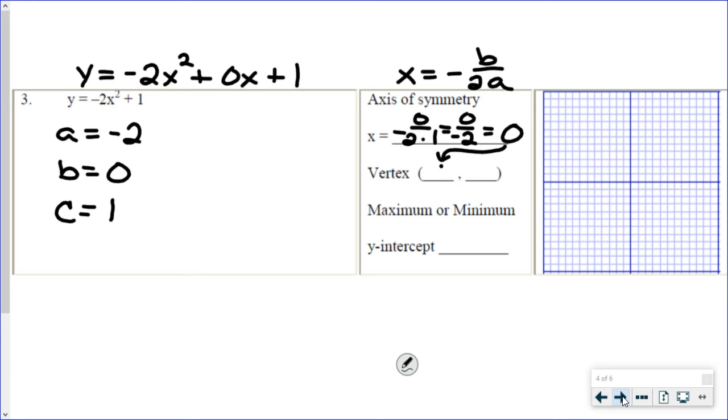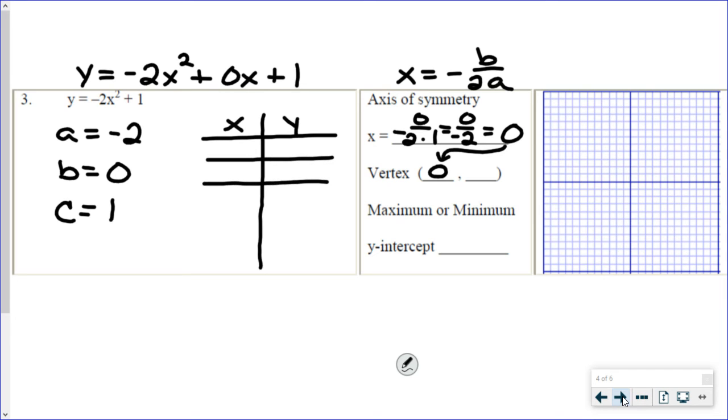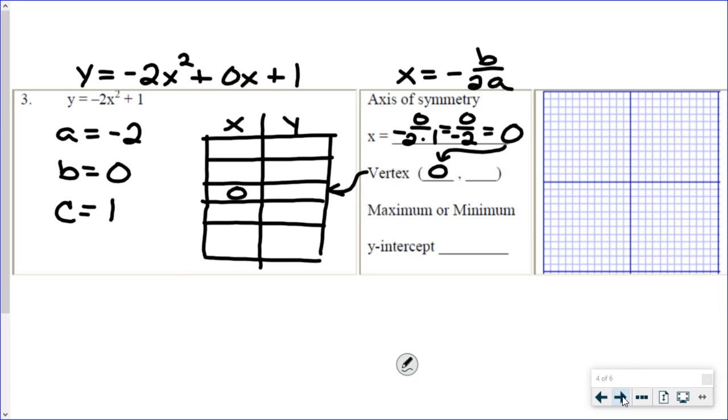Remember, that goes there then. You copy that down. Okay, then make your table. And remember, you need 5 slots. Okay, and the vertex goes in the middle right there.